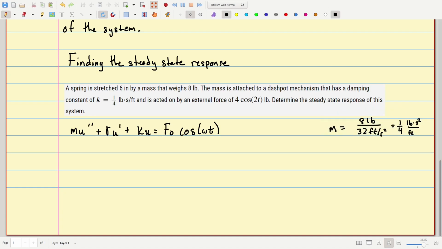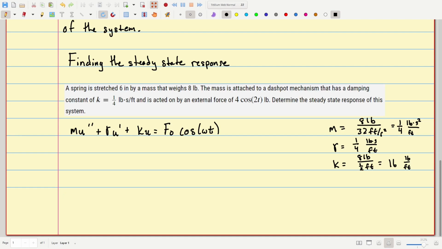Okay. We're given gamma as 1/4 pound seconds per foot, and we need to figure out k. Sorry, wait, hold on.